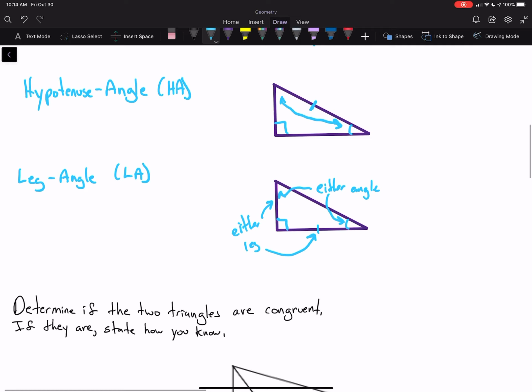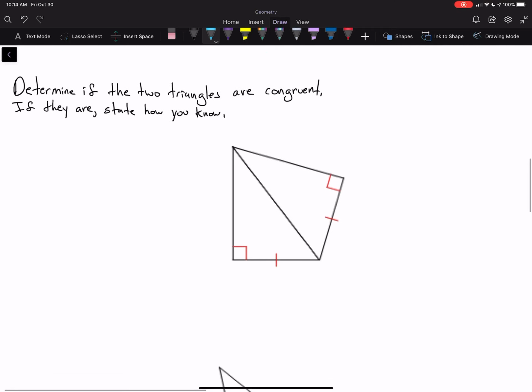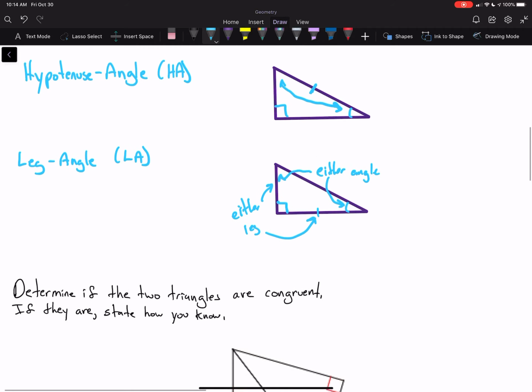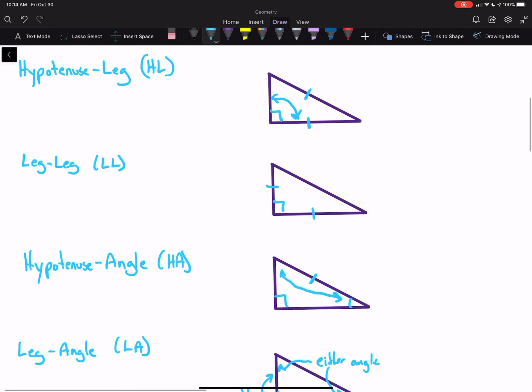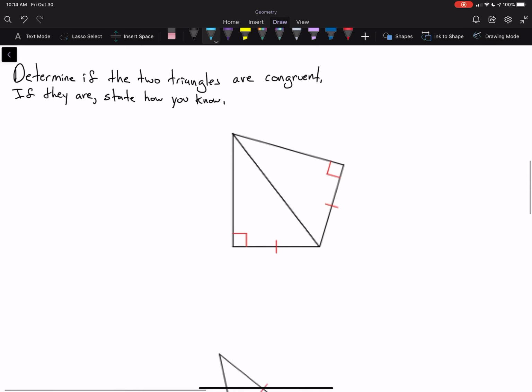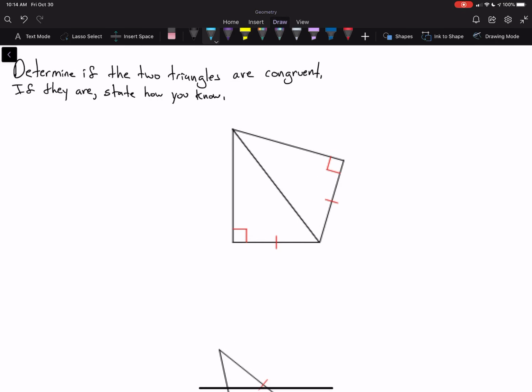So when you're asked to do this, it'll look something like this. It'll say, determine if the two triangles are congruent. If they are, state how you know. If you notice here, something I want to point out is that these are both sides. So everything that we're using today revolves around having at least one side congruent.